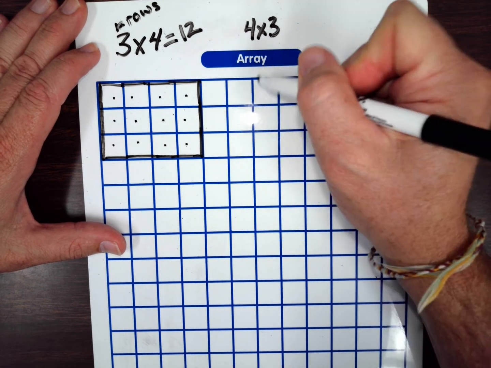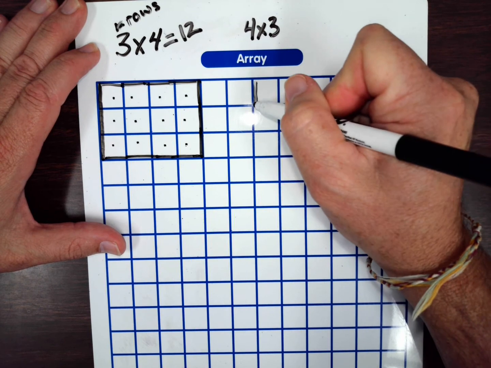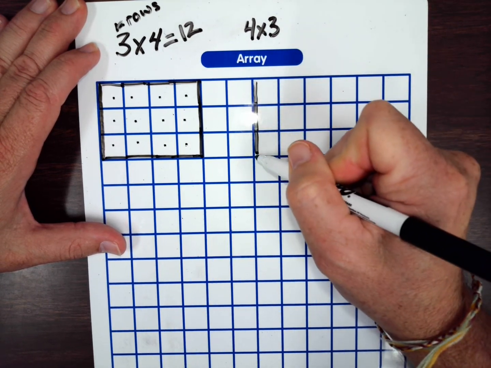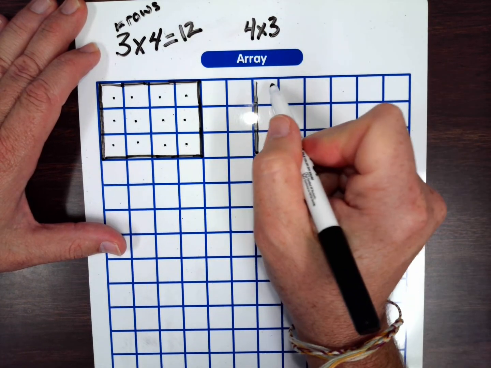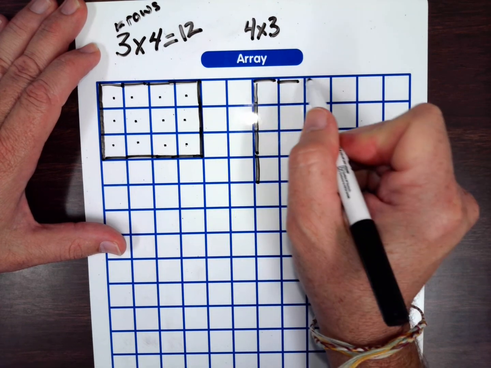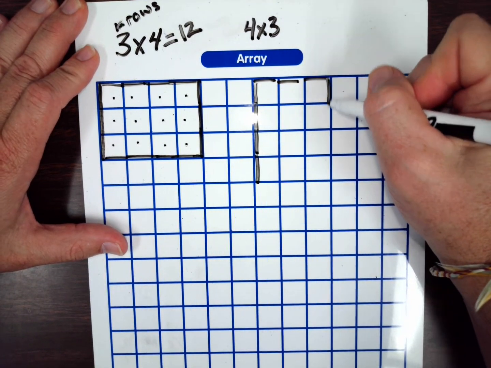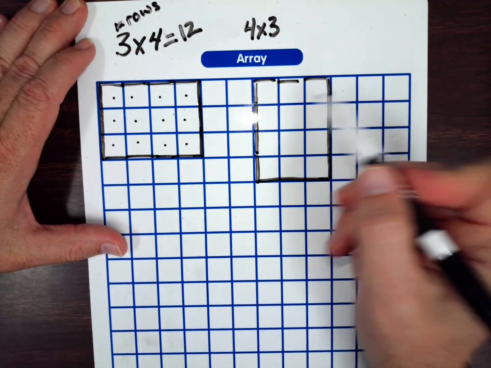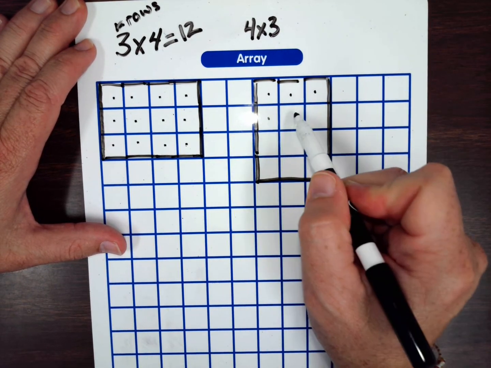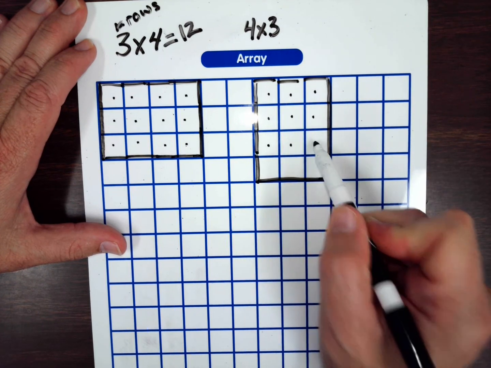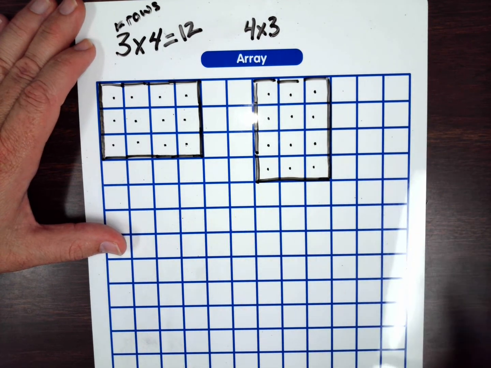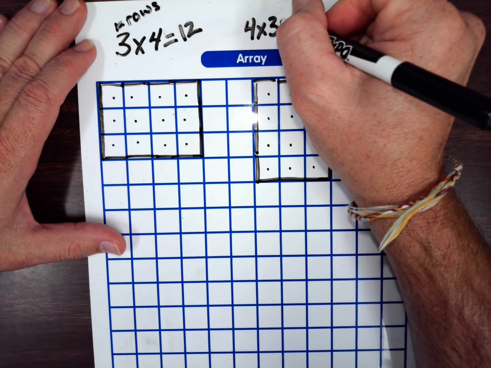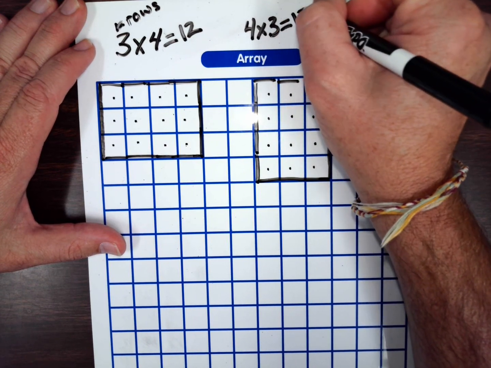So I'm going to do 4 rows, 1, 2, 3, 4, and 3 in each row, 1, 2, 3. Going to connect them and count the tiles. 1, 2, 3, 4, 5, 6, 7, 8, 9, 10, 11, 12. So 4 times 3 also equals 12.